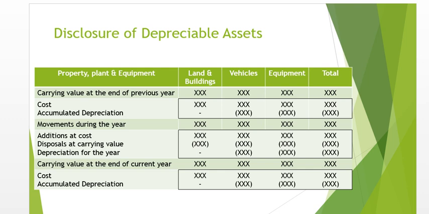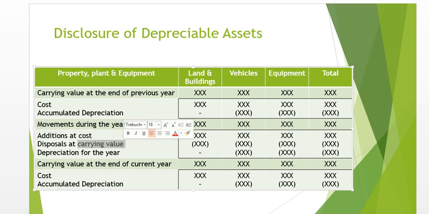It's your movements during the year. So those movements are if you bought any additional asset, and that should always be as per the cost price. It should be your disposals, and that's always at carrying value, and depreciation for the year. And then finally we've got our carrying value as at the end of the year.